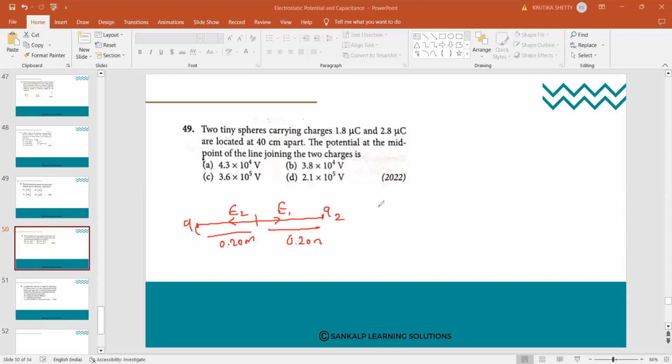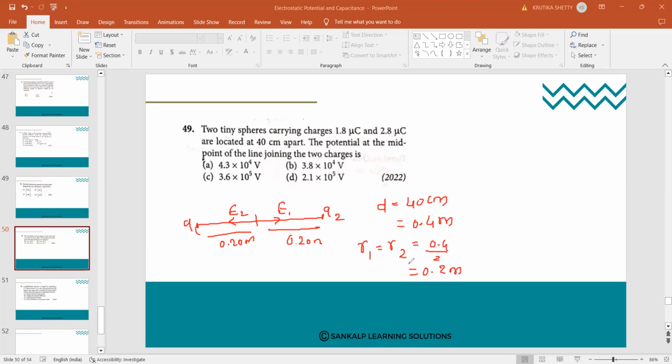Now the distance between the two spheres is 40 centimeter, which is equal to 0.4 meter. From the midpoint, the distance R1 is equal to R2 is equal to 0.4 upon 2, which is 0.2 meter.